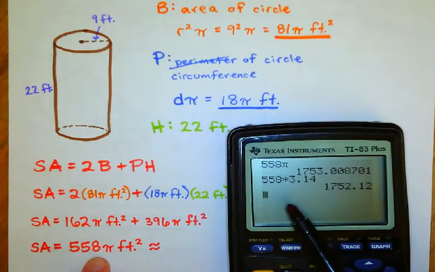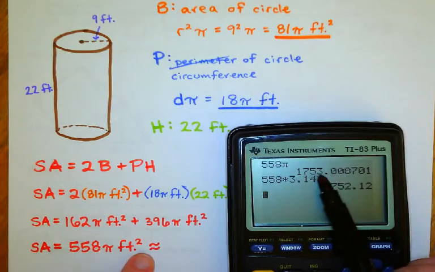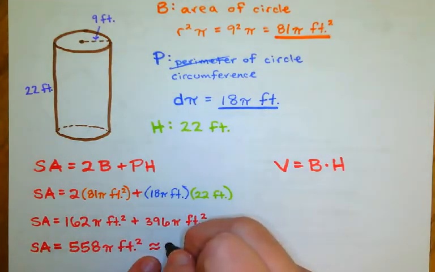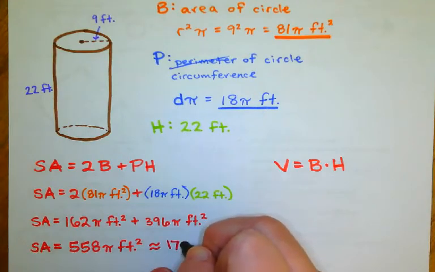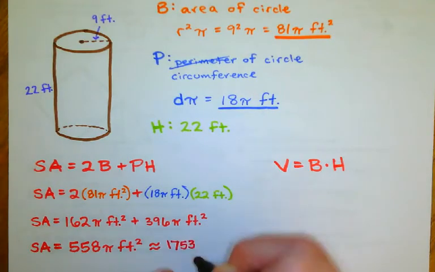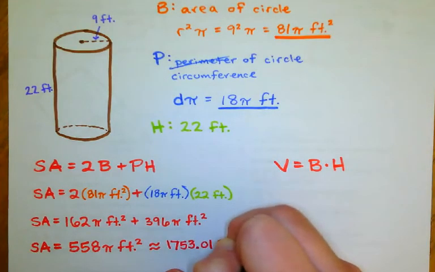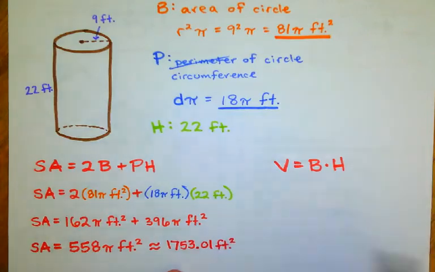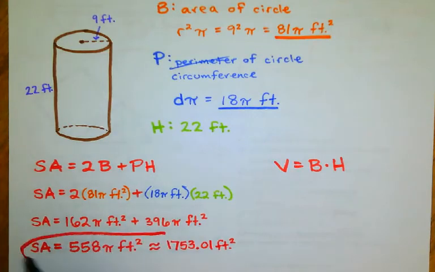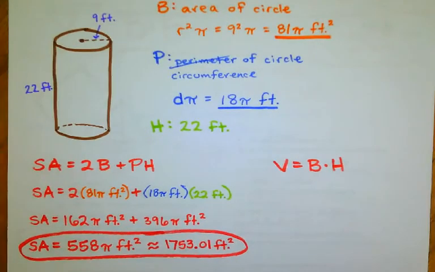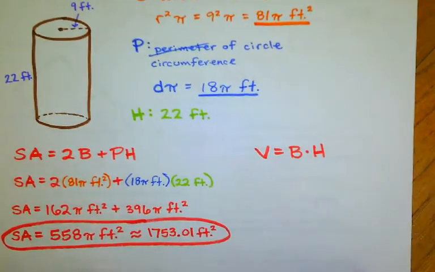This 558 pi is our exact answer. This would be our approximate answer. So I'm going to say approximately this is 1,753.01 feet squared. Whew. So I like the exact answer though, because it's exact. In case any of you guys want to plug pi in or do that right off the bat, that would be your final answer when you're plugging pi in.